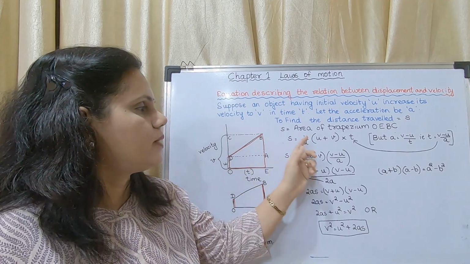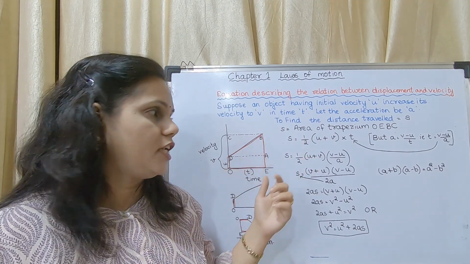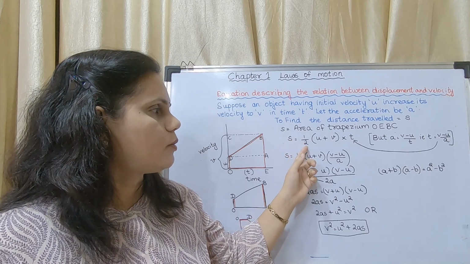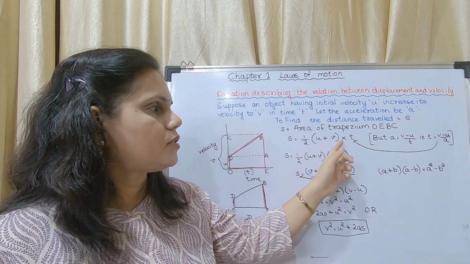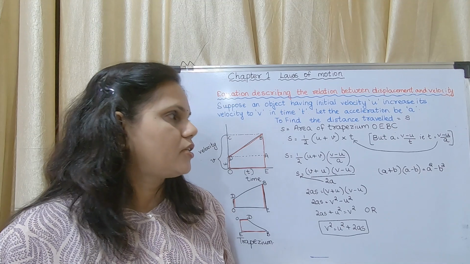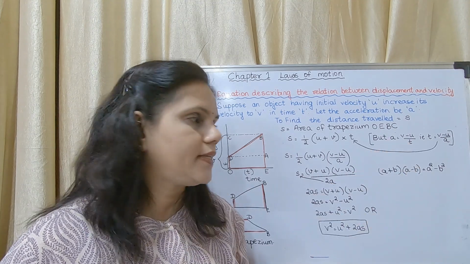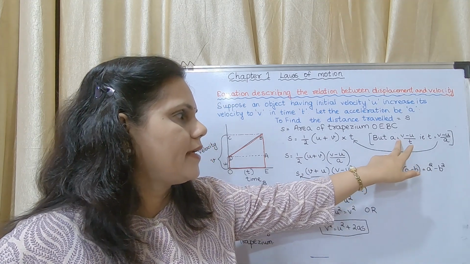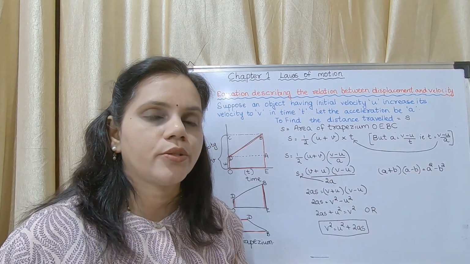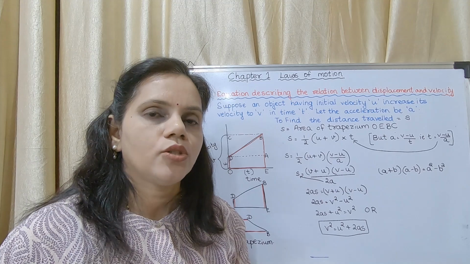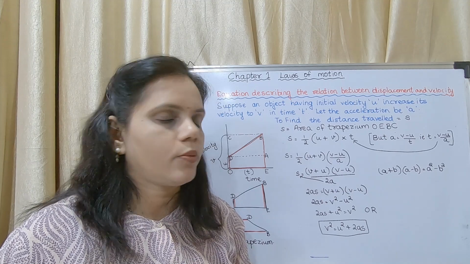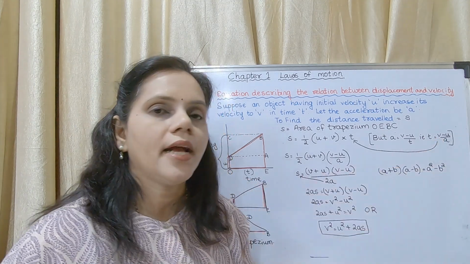By substituting the values, you will get s is equal to half into u plus v into t. But we know that a is equal to v minus u upon t. Cross multiplying, we will get v minus u is equal to at. So what will be t? t is equal to v minus u upon a.